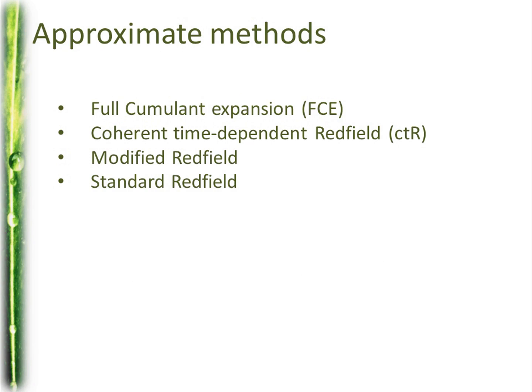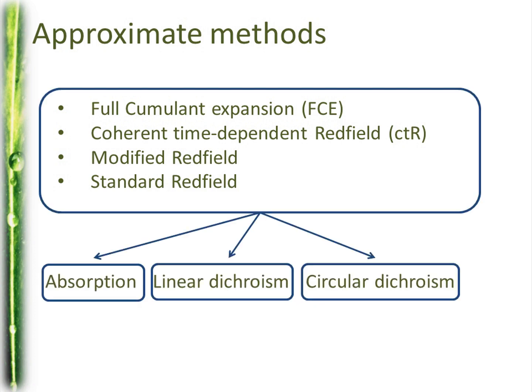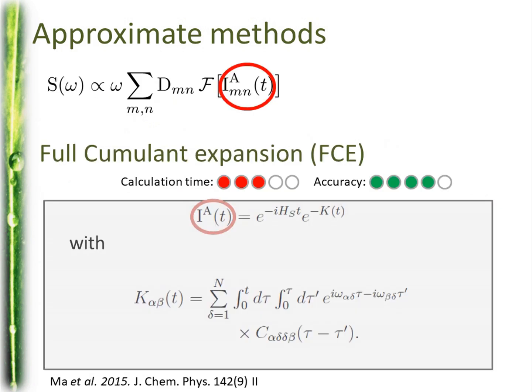We will discuss 4 approximate methods: the full cumulant expansion method, the coherent time-dependent Redfield method, and 2 methods in which the time-independent standard Redfield and modified Redfield rates are used. Of course, each of these approximate methods can be used to calculate either the absorption, linear dichroism, or circular dichroism spectra.